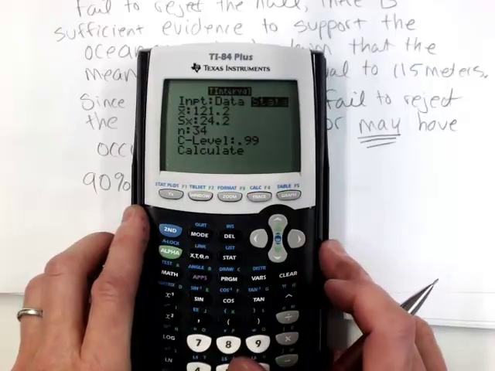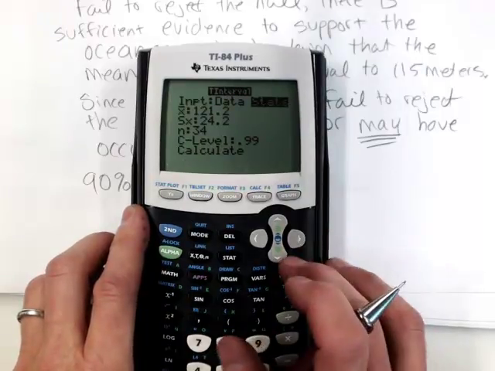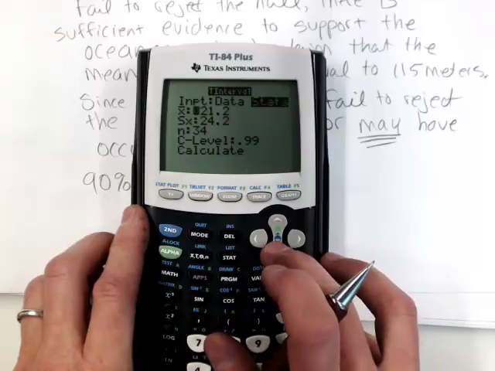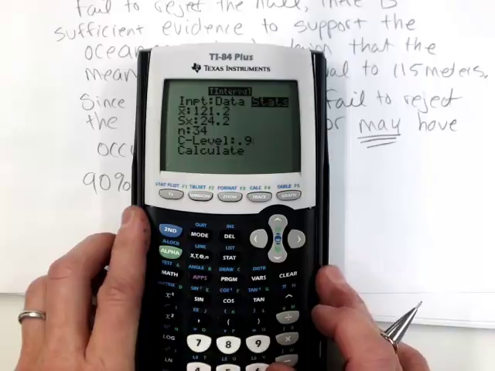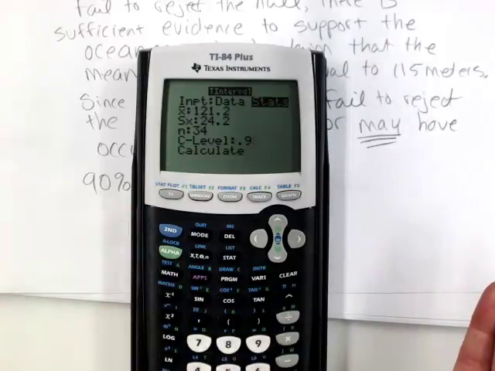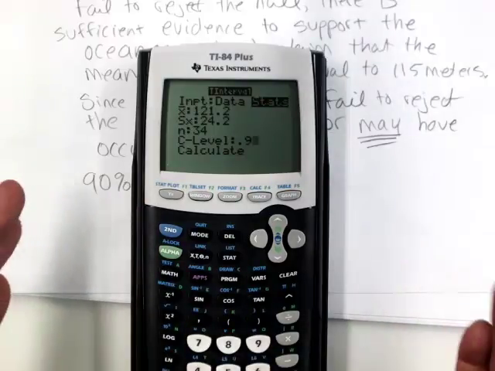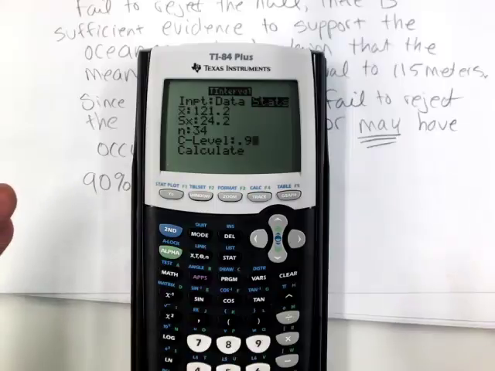It's really nice. It kept the information from the hypothesis test, but I want to change my confidence level to 0.9. If alpha is 0.1, the confidence interval is 0.9. If alpha is 0.05, the confidence interval is 0.95.